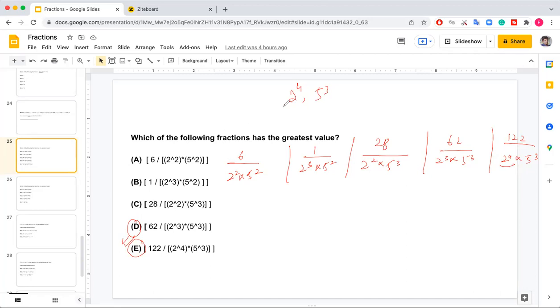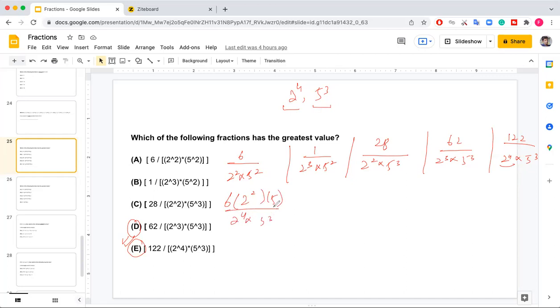So the maximum for 2 is 2 power 4 and for 5 is 5 power 3. So how can we get 2 power 4 and 5 power 3 as the denominator in the first one? If you multiply with 2 square and 5 and divide by the same value, this is 2 square into 5 divided by 2 power 4 into 5 cube, right?